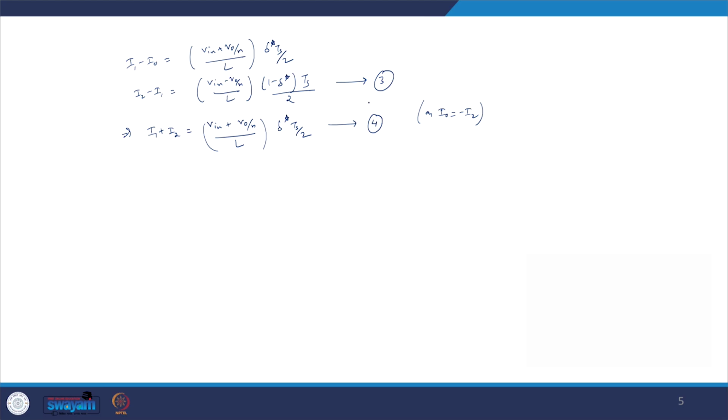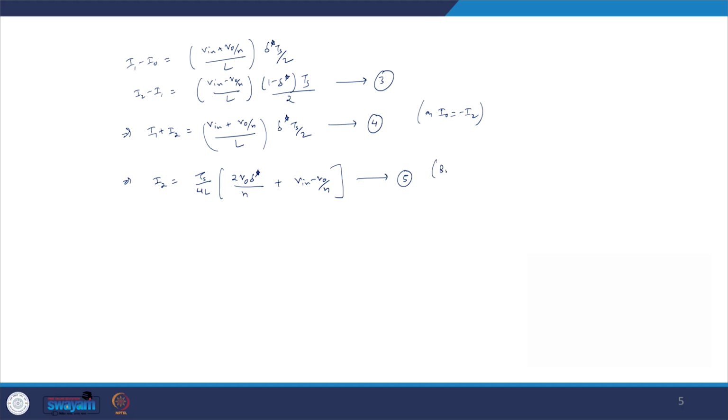By solving these equations, that means summation of these two equations, what we will get is our I2 value is equal to Ts/4L times [2Vo δ*/n plus Vin minus Vo/n], and let us define this as 5.